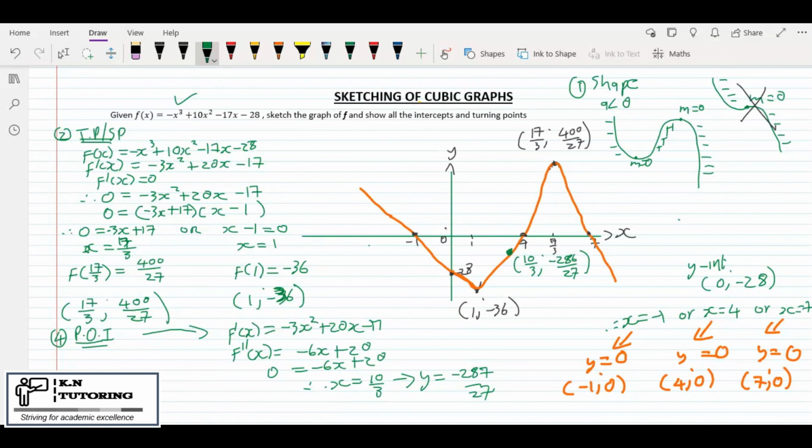From now on this is no longer new, and I can say at this moment we've covered a lot in terms of differential calculus. We did a lot of concepts, and all of those concepts were integrated into the sketching of cubic graphs.